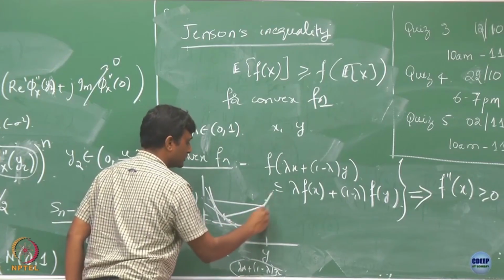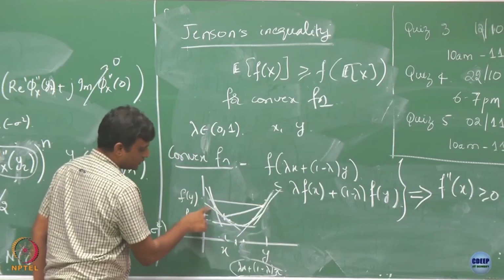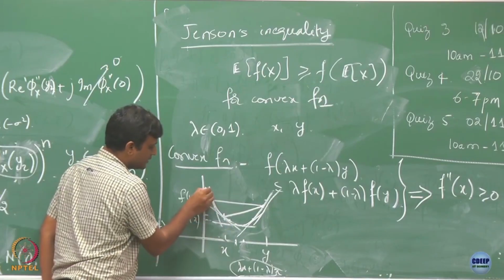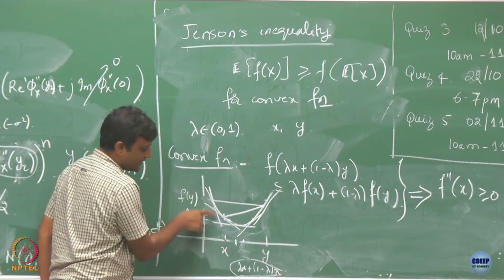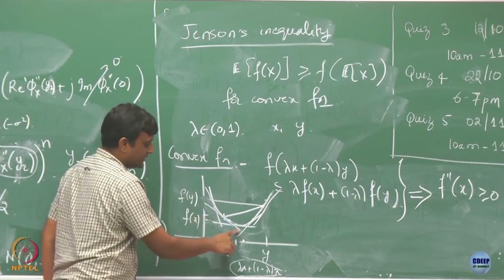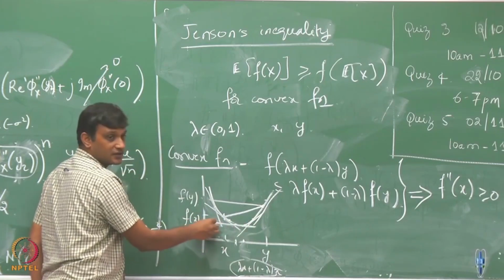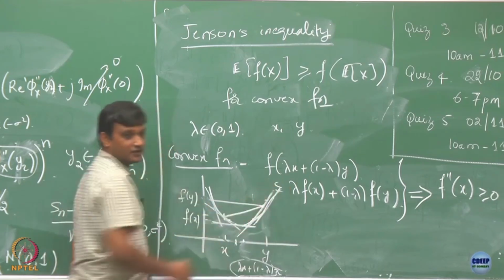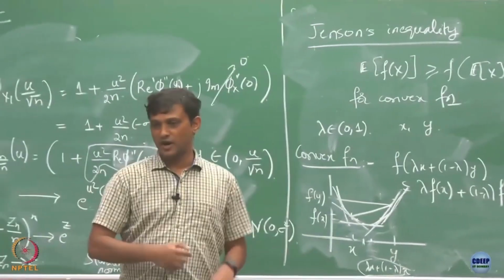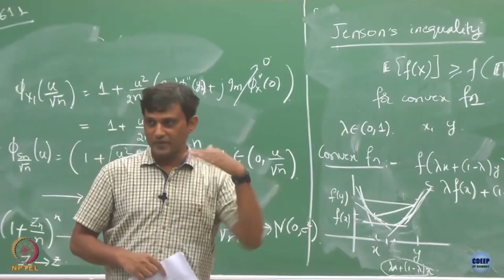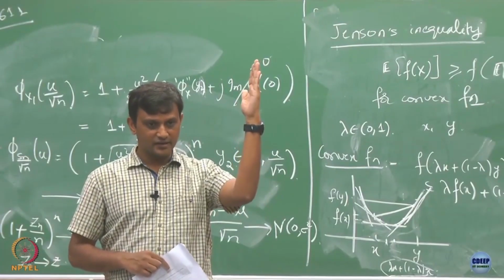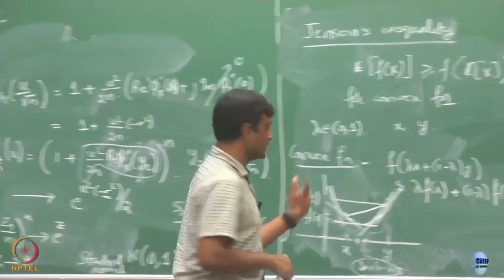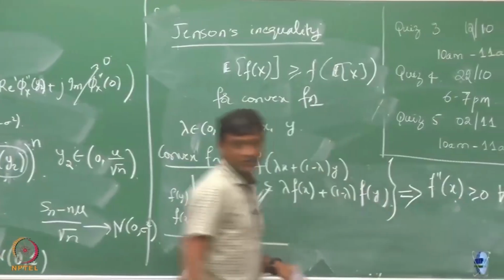So what is the slope here? It is negative, and here this is again negative, but this has a larger negative slope. At this point what is the slope? More positive, right? So what is happening? The slope itself is increasing. If the slope is increasing, it means the double derivative is increasing. So that is one property.